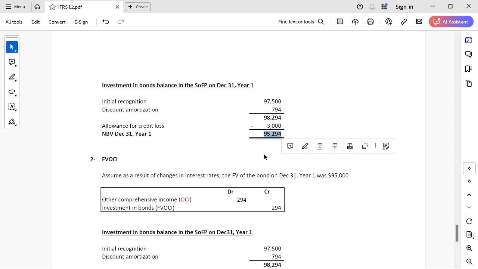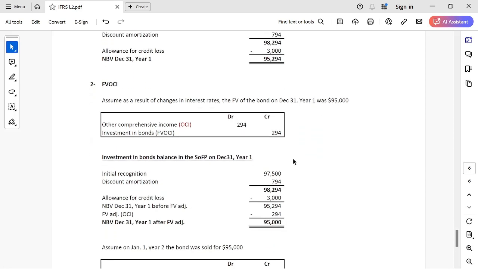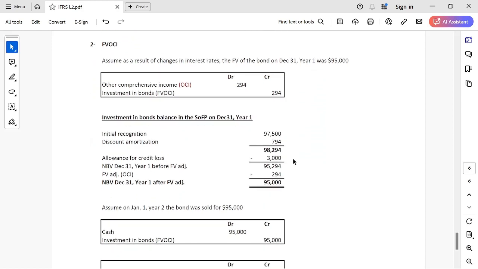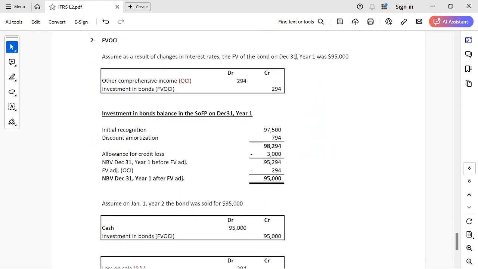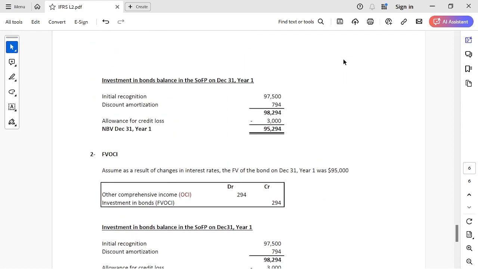Let's quickly move now to the other one, the fair value through OCI, which is not that different. This is why I started with the amortized cost. You'll do the same accounting as per the amortized cost until you have reached a balance of 95,294, and then you'll compare this to the market value. So let's say the market value on December 31st year 1 was 95,000. Based on our amortized cost working, we reach a balance of 95,294.